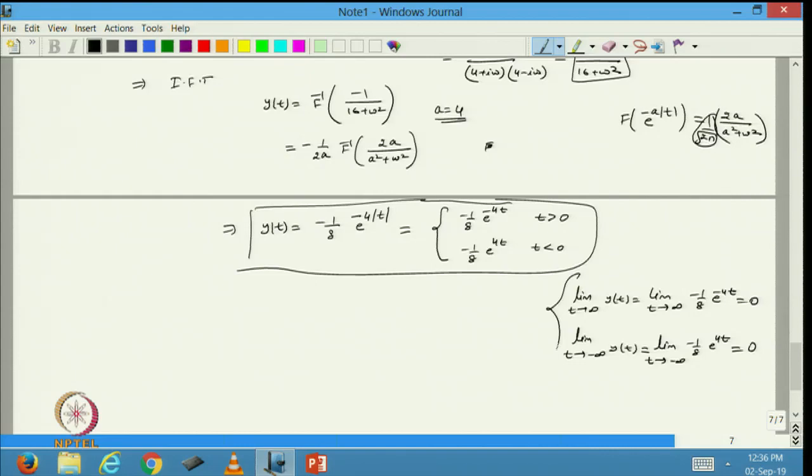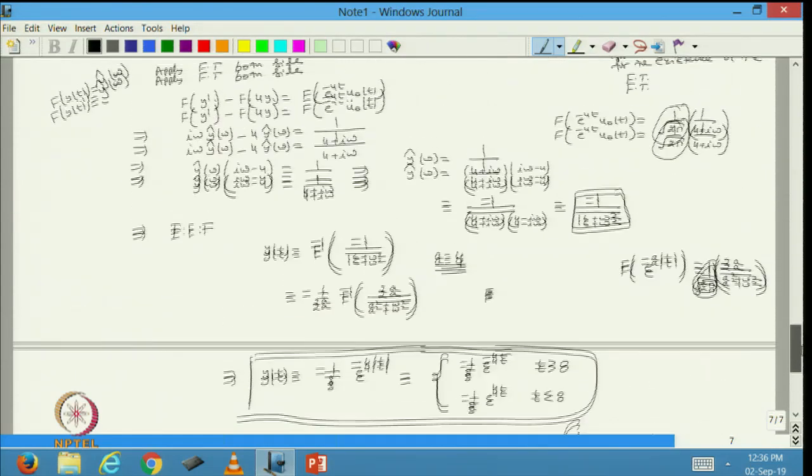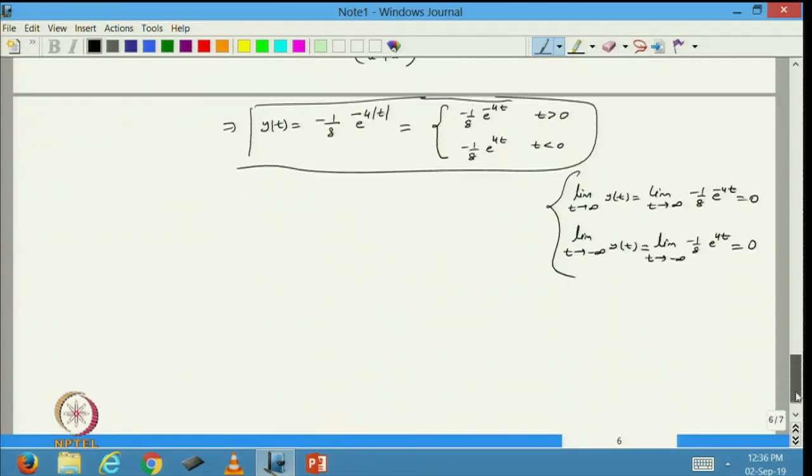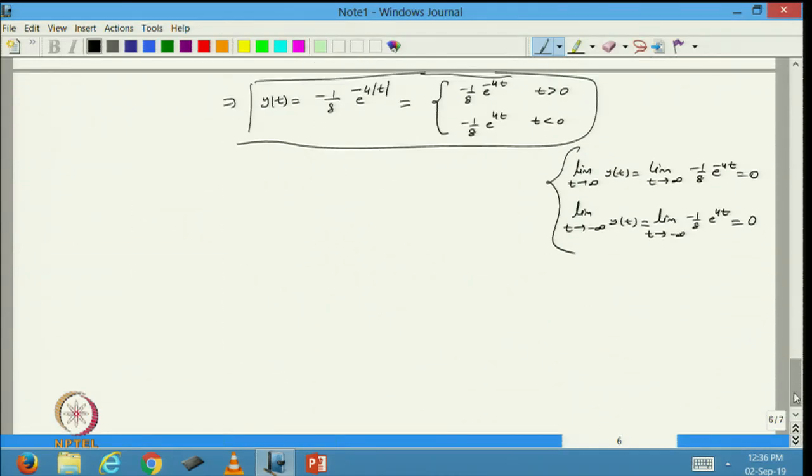So, these two properties are satisfied. Whenever we are solving any ODE with the help of Fourier transformation, it is understood that my function satisfies this condition. Okay. So, that is the solution for the first order ODE.